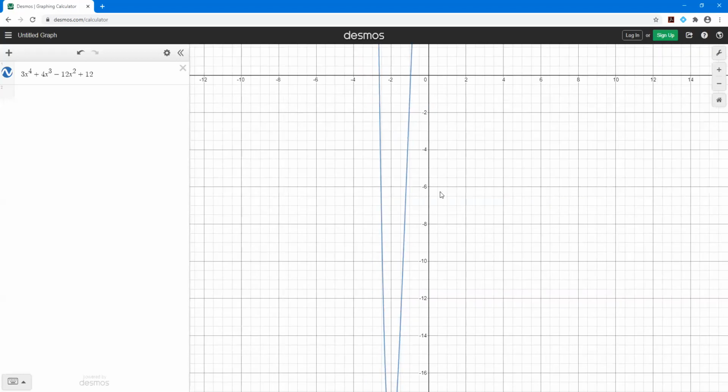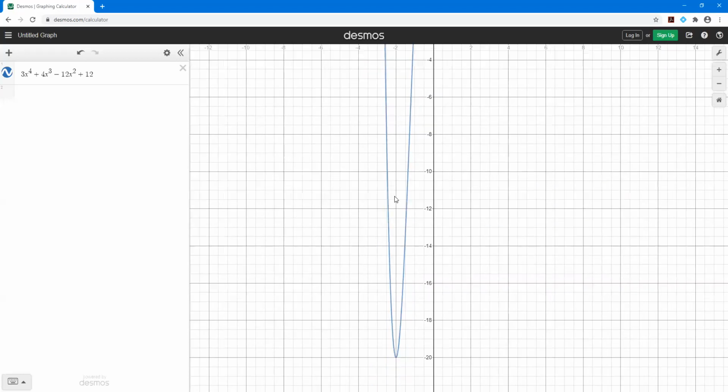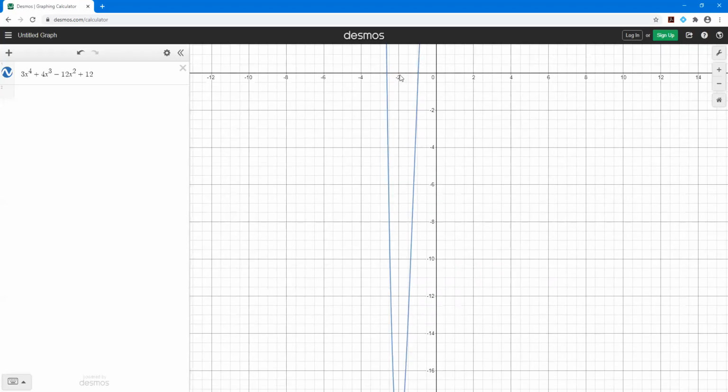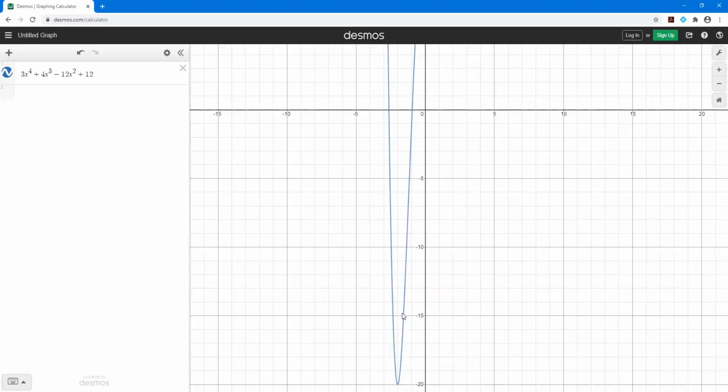You can see it at -2. At x is equal to -2 you are getting -20. At -2, if you draw a tangent, that tangent will be horizontal for sure, derivative is equal to 0. On the left side of -2 the function is decreasing, and on the right side the function is increasing. It decreases to a particular value, -20, then increases.